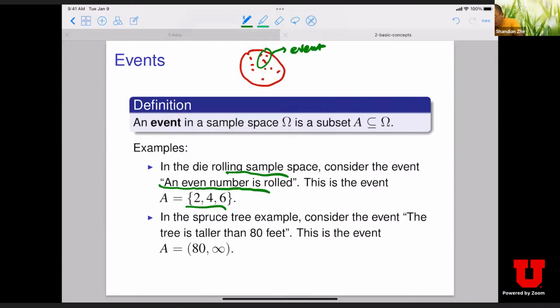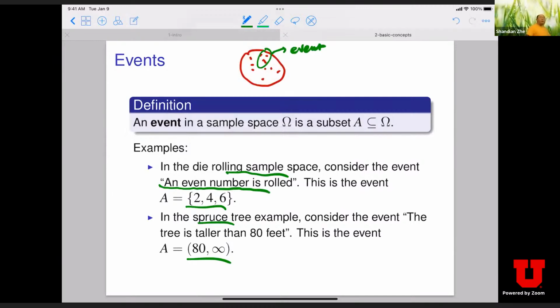And if you look at the spruce tree, if you consider the event that you saw some tree which is taller than 80 feet, then this event can be represented by the range between 80 and infinity, because this means the tree height is bigger than 80.